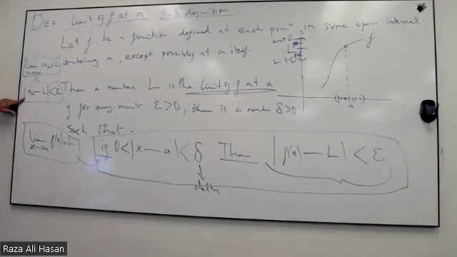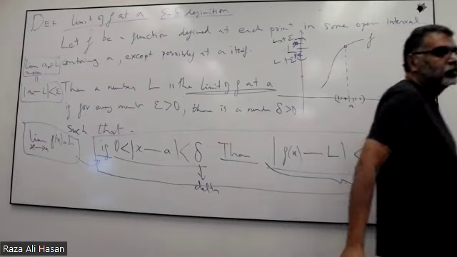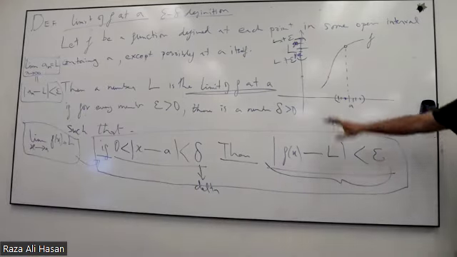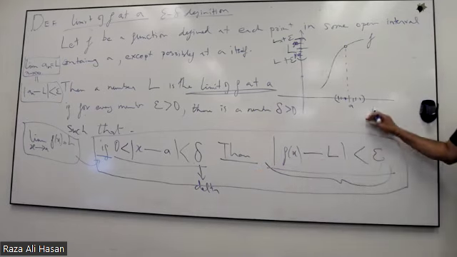If this condition is true, the sequence has a limit. The function has a limit if this is true and this is true. And this condition is on the y-axis and this condition is on the x-axis.